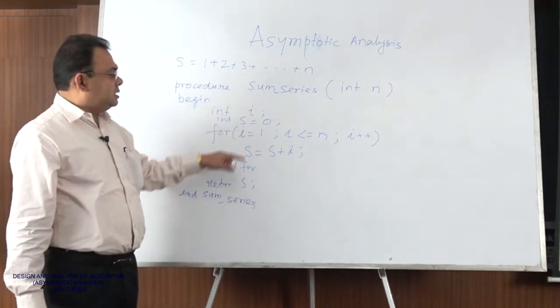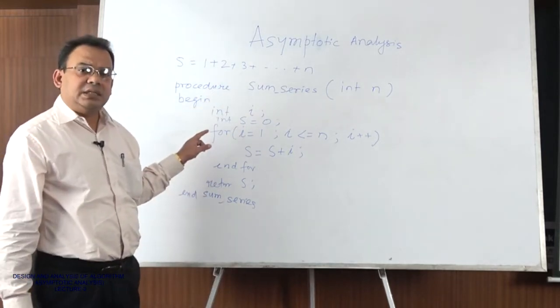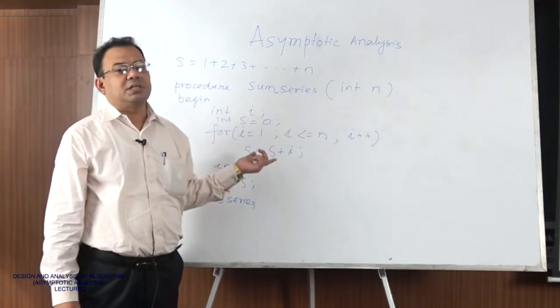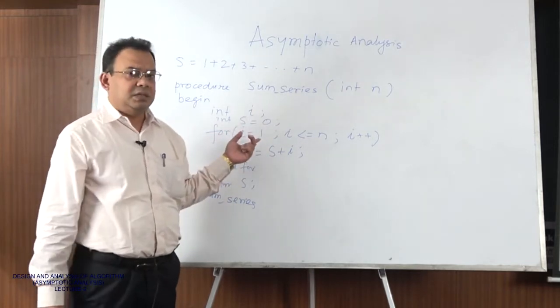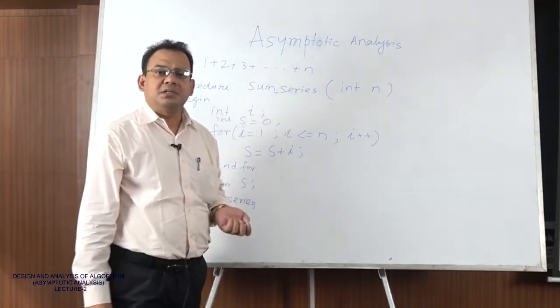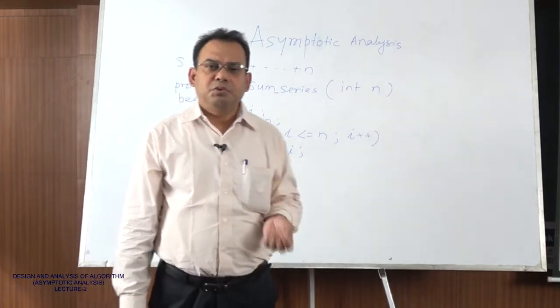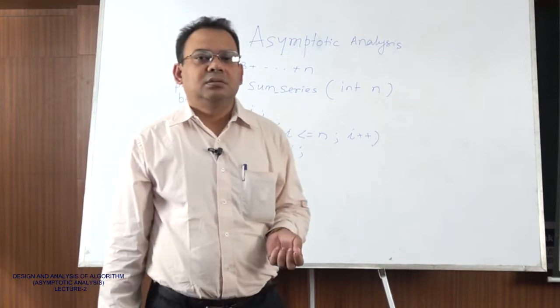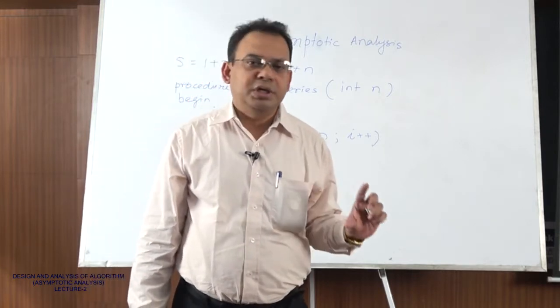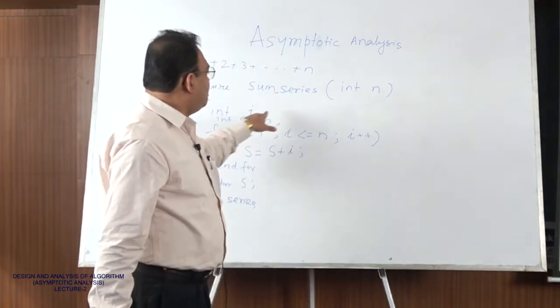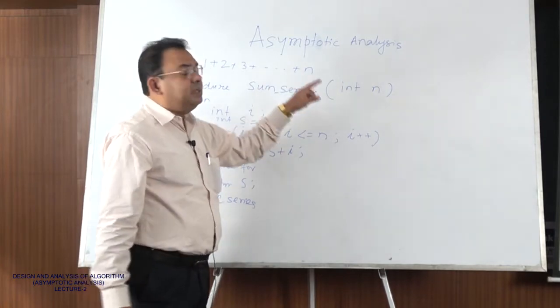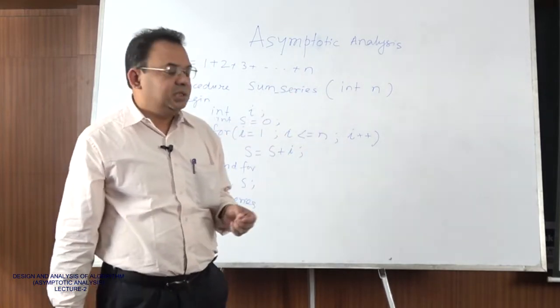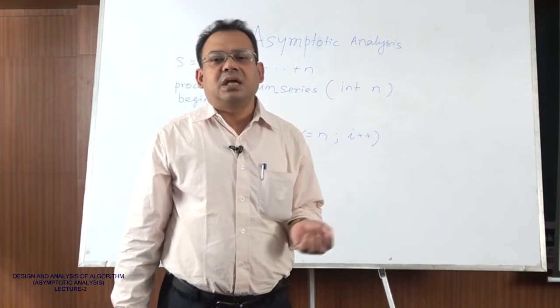We are not interested in calculating the exact time, because that depends on many factors, like which computer the program is running on, the processor speed, the memory bandwidth, and the type of the operands.